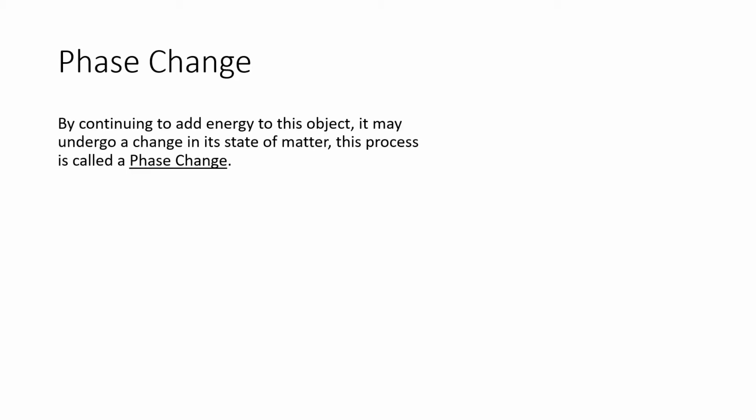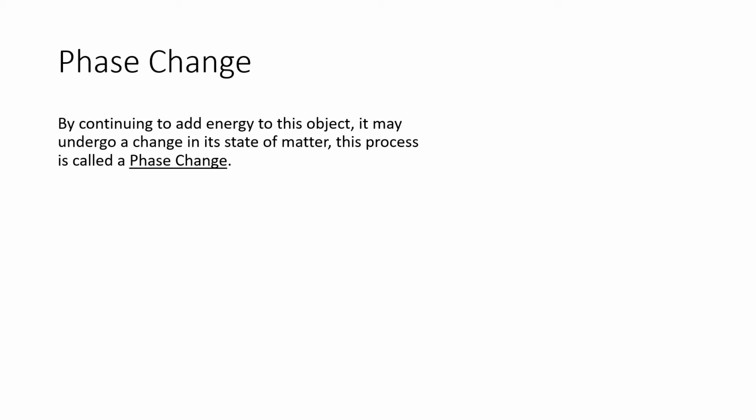Today, we're going to look at how an object changes once you add so much energy. That's going to be the phase change of a state of matter. If we continue to add more and more energy into an object, we just keep pouring energy in, we keep heating it up.